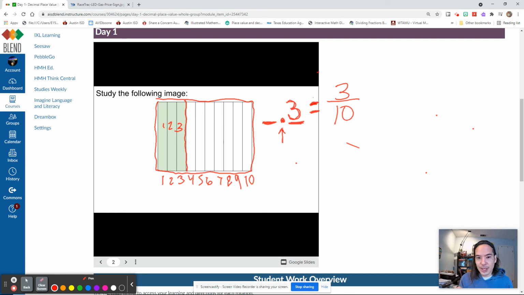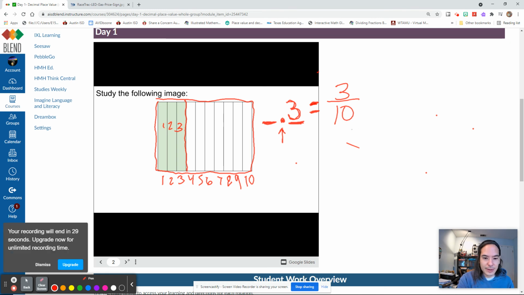So close your eyes real quick. I'm going to say one, and then I'll point to the one that I was saying. Guess which one it is. Am I saying the decimal or am I saying the fraction? 3/10. Did I guess or was I saying the decimal or the fraction? I was saying the fraction, but it's hard to tell, right? Because it sounds exactly the same.